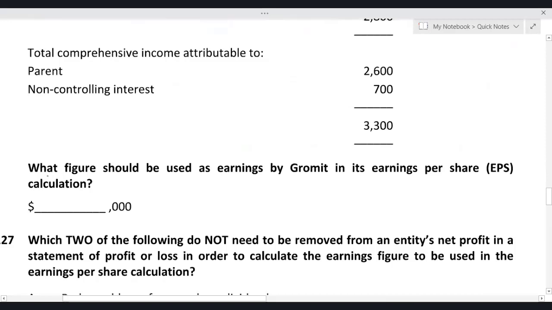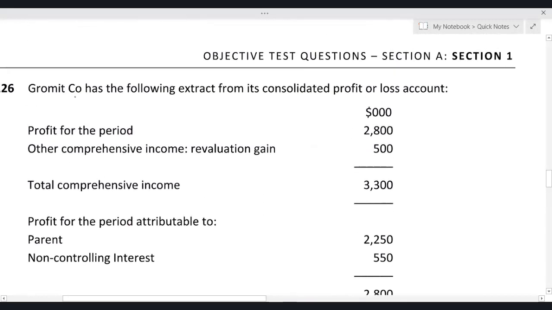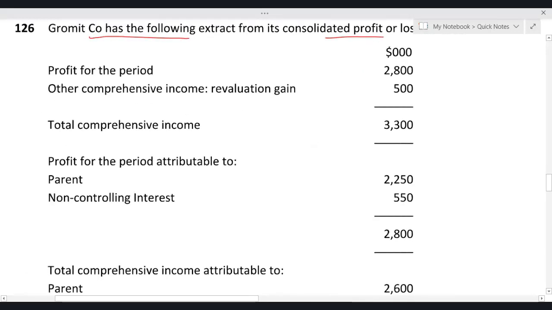What figure should be used as earnings by Gromit in its earnings per share? What do we use while calculating EPS? Which earnings? Gromit company has the following extract of the consolidated profit and loss. So far we have not studied consolidation, but inshallah, you will. While calculating EPS, we only take the profit which is attributable to the parent.